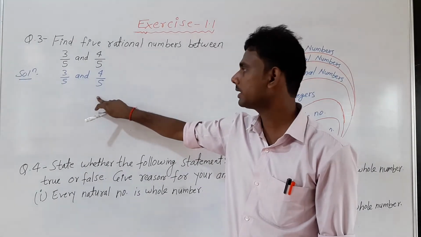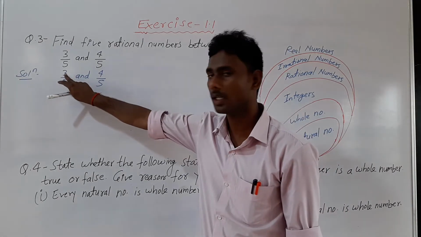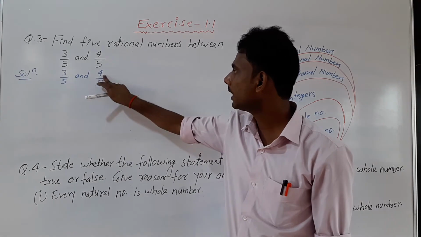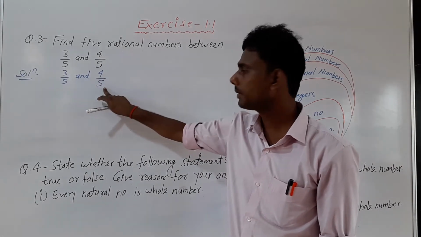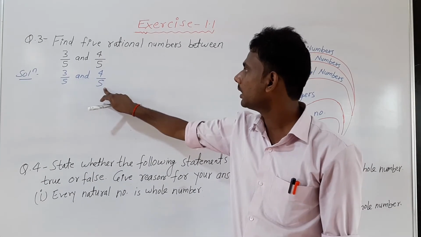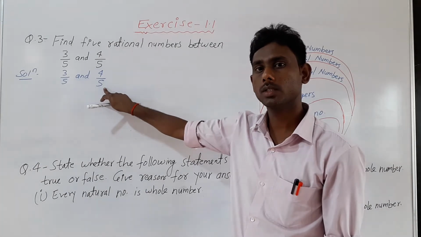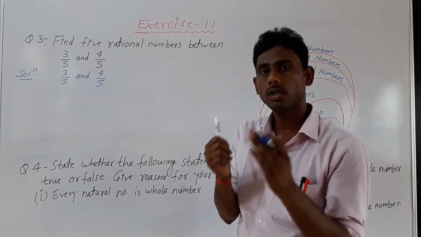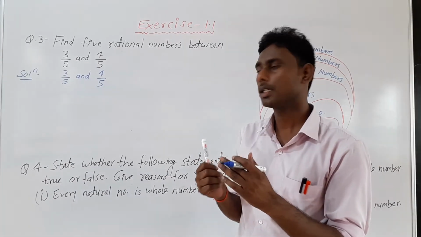If you multiply by 7, then 7 times 3 is 21, 7 times 5 is 35, 7 times 4 is 28, 7 times 5 is 35. The denominators are the same, so we write the 5 rational numbers between 21 and 28.